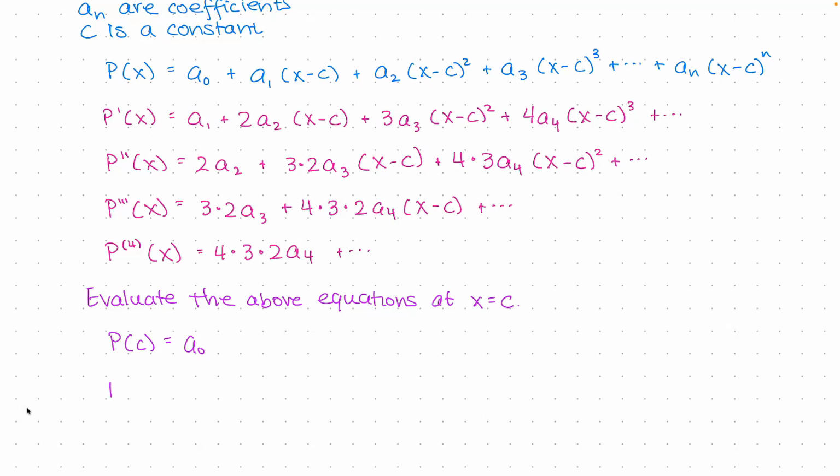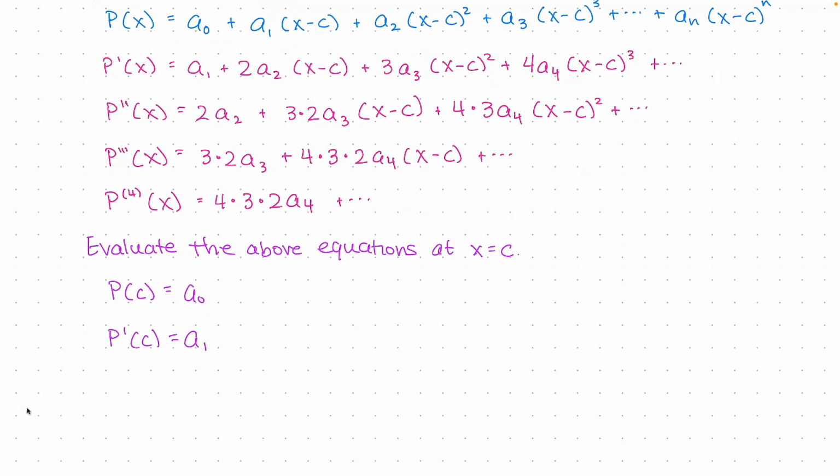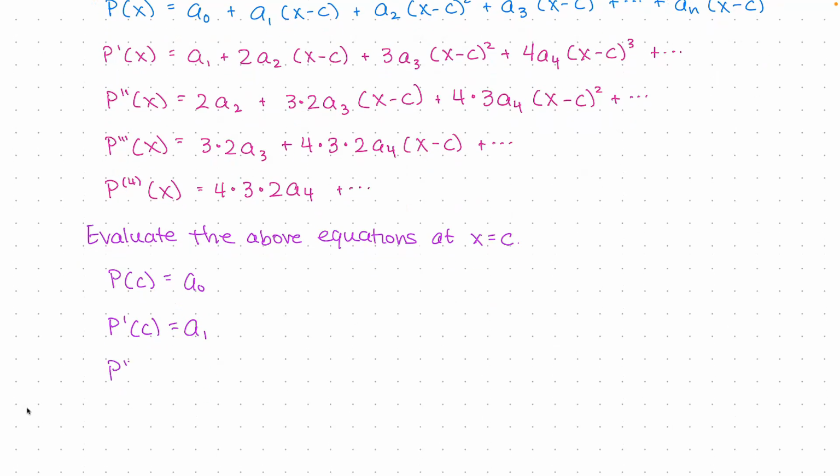And then P prime of c is just going to be a sub 1. P double prime of c is just going to be 2 a sub 2. P triple prime of c is going to be 3 times 2, a sub 3. And the fourth derivative of P, evaluated at c, is just going to be 4 times 3 times 2, a sub 4.